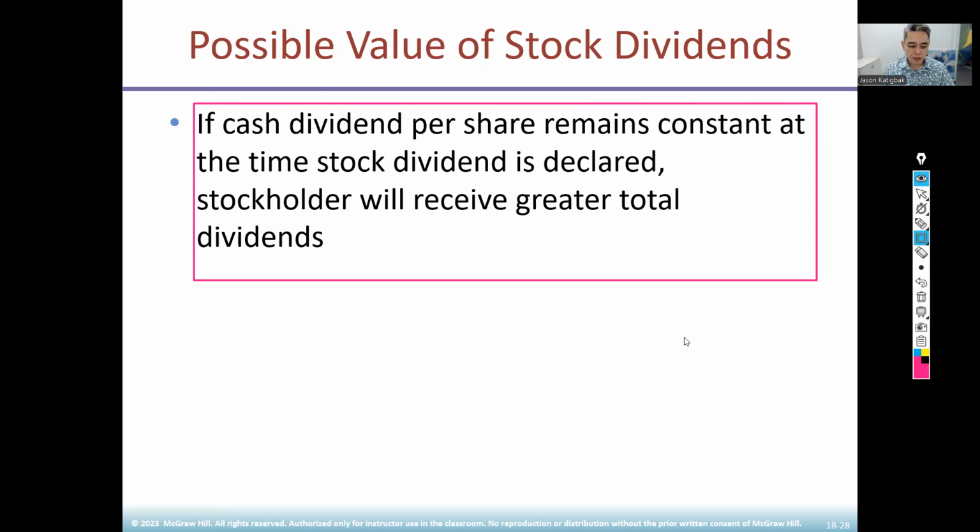And then as we understand from a while ago, taxation is different, right? A stock dividend might be taxed as capital gains compared to ordinary dividends, which will be based on ordinary income, which is in a higher tax bracket compared to capital gains tax.